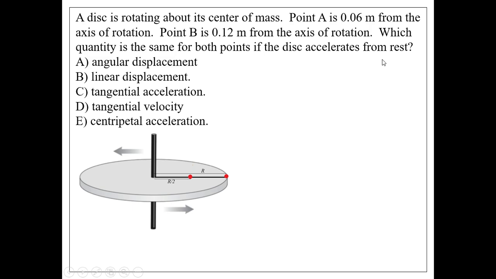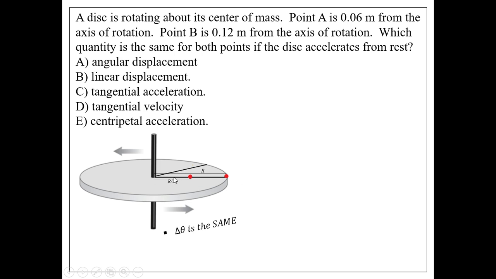All right, let's go ahead and do it. I'm just going to take it one answer choice at a time. Choice A says the angular displacement is the same. Well, the angular displacement is the same because the disk rotates as a single unit. Every point on the disk will trace out the same angular displacement, or the same angle. Here I have a couple of arrows for you.